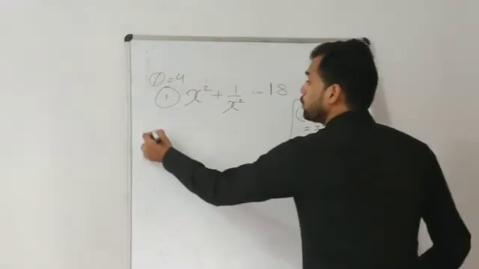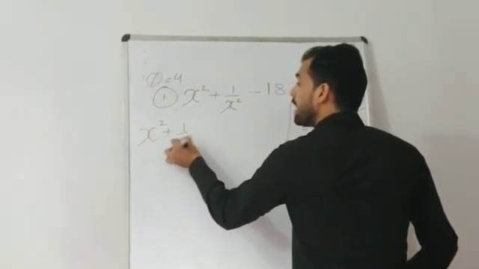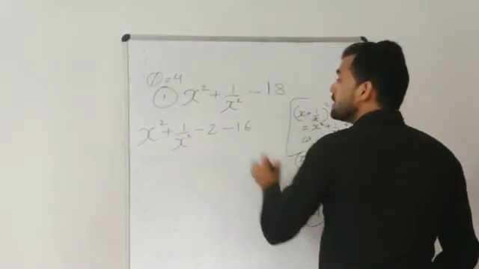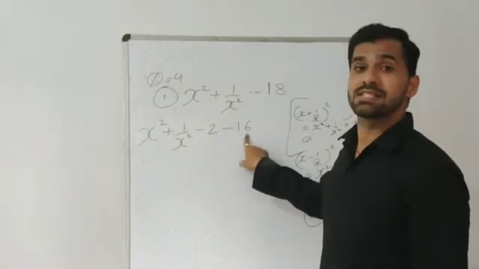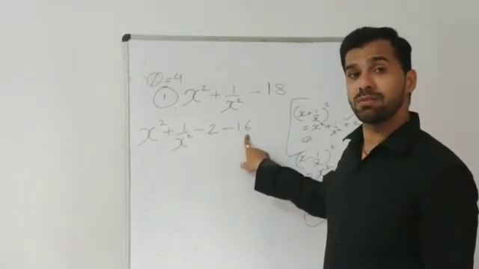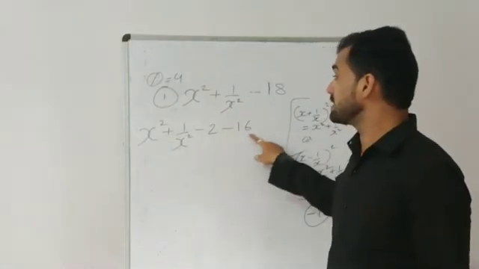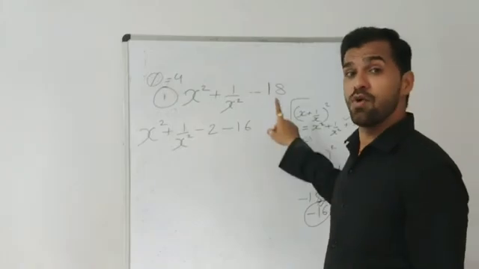So I will write x square plus 1 by x square minus 2 and minus 16. We have split minus 18 as minus 2 and minus 16. Why are we taking minus 2 and minus 16? Because minus 16 is the square of something, that is the square of 4.